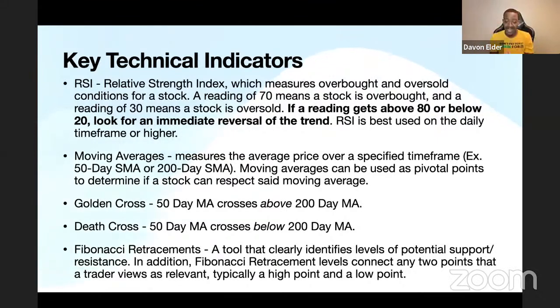Now, again, like I said before, all of these key technical indicators are not the end all be all. Just full disclosure, the 200-day moving average and 50-day moving average are lagging indicators, right? They move based on price from the previous day.